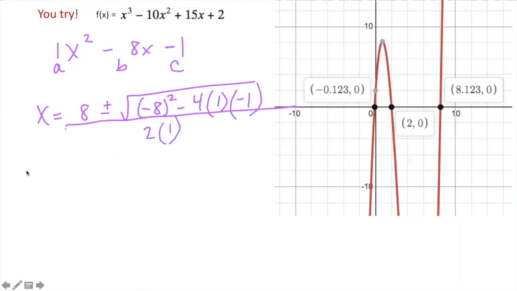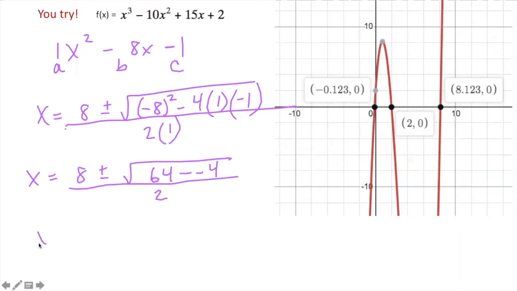Okay, so now I'm going to do my rewrite. X equals 8 plus or minus square root. So we've got -8 squared is 64. Then we have minus 4 times 1 times -1 is a -4. All over 2 times 1 is 2.